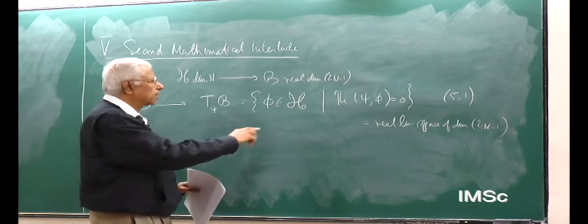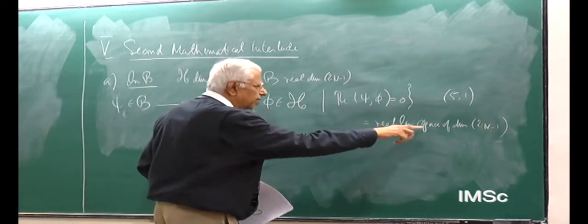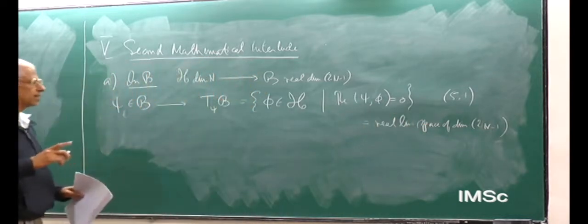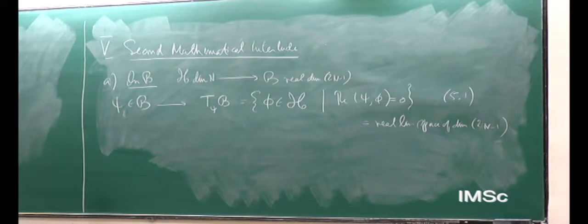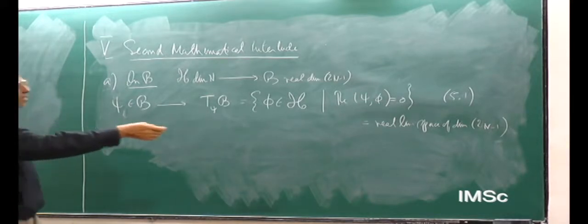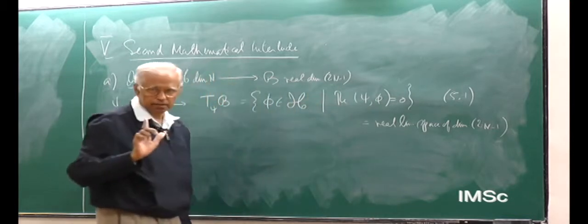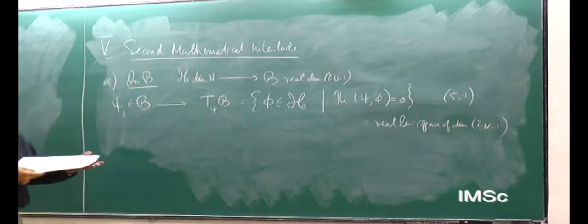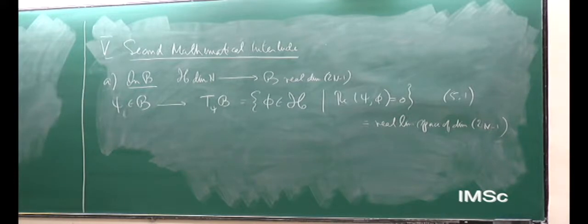Now, all right, so this is a real linear vector space. Its elements are vectors in the complex Hilbert space obeying this restriction. So why is it only a real linear vector space? Suppose phi 1 and phi 2 both obey this condition.